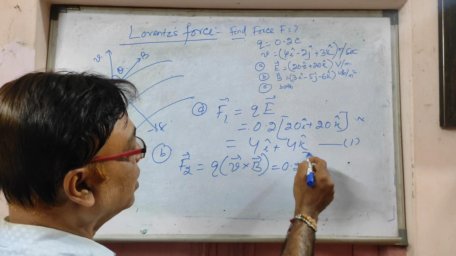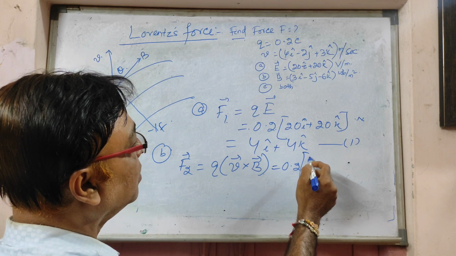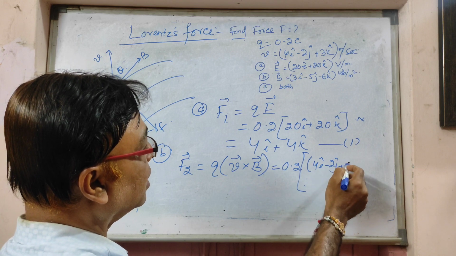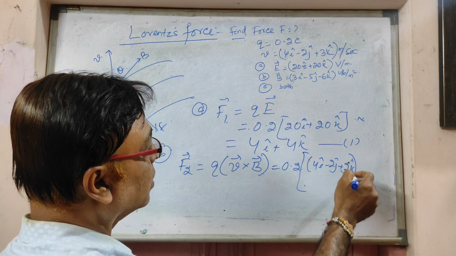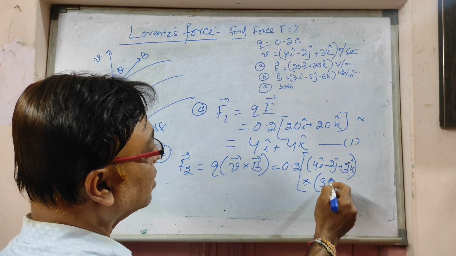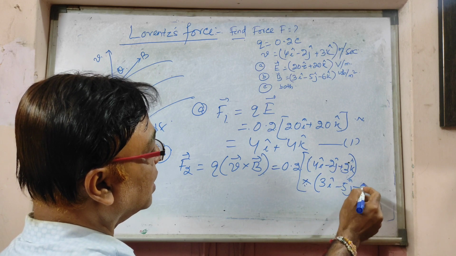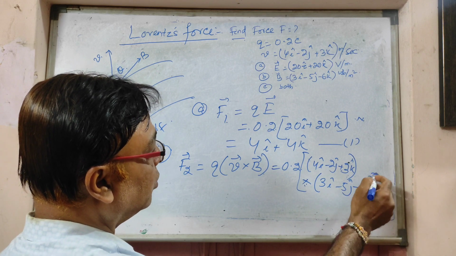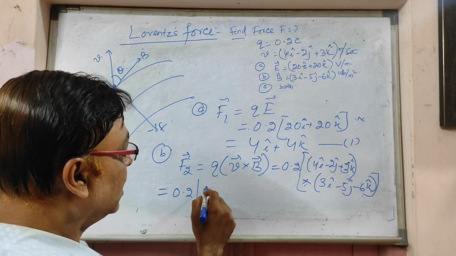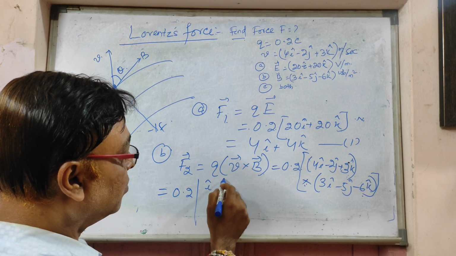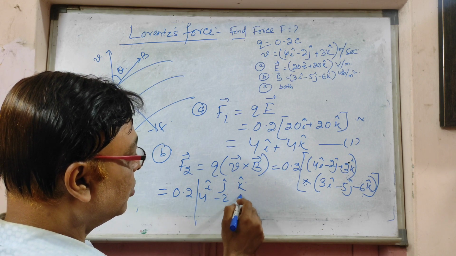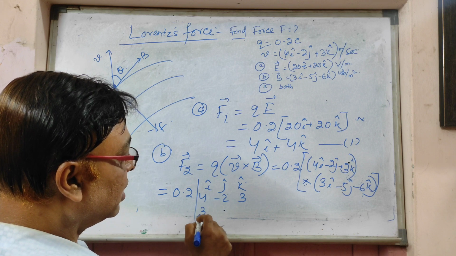V is 4I minus 2J plus 3K, cross B, which is 3I minus 5J minus 6K. Taking the cross product, 0.2 can be kept outside. In determinant form, I can write I, J, K; 4, minus 2, 3; and 3, minus 5, minus 6.